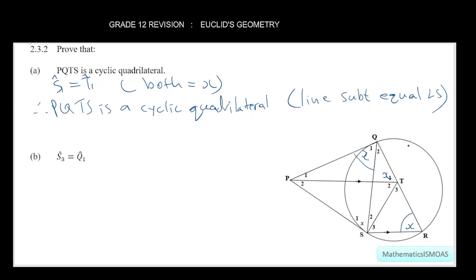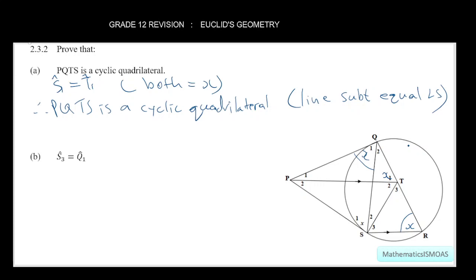In question 2.3.2b, we use the fact that PQTS is a cyclic quadrilateral. Then we can say angle Q1 is equal to angle T2. Angles in the same segment.